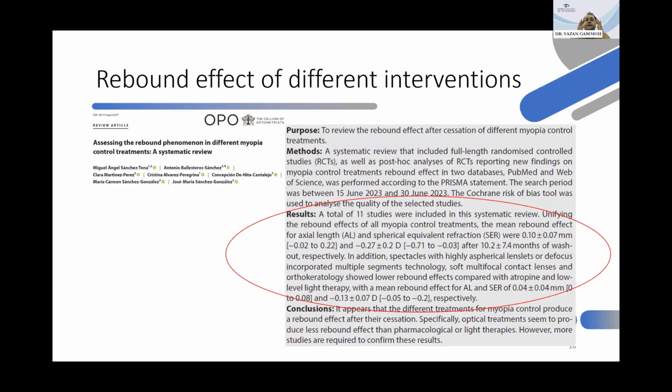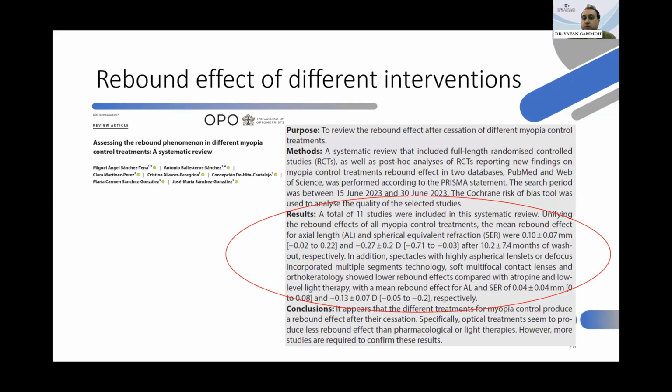So I've seen this study published very recently in the Ophthalmic and Physiological Optics journal. It's a systematic review of the rebound effect of different control options. They haven't covered all the options, by the way, just as a disclaimer.